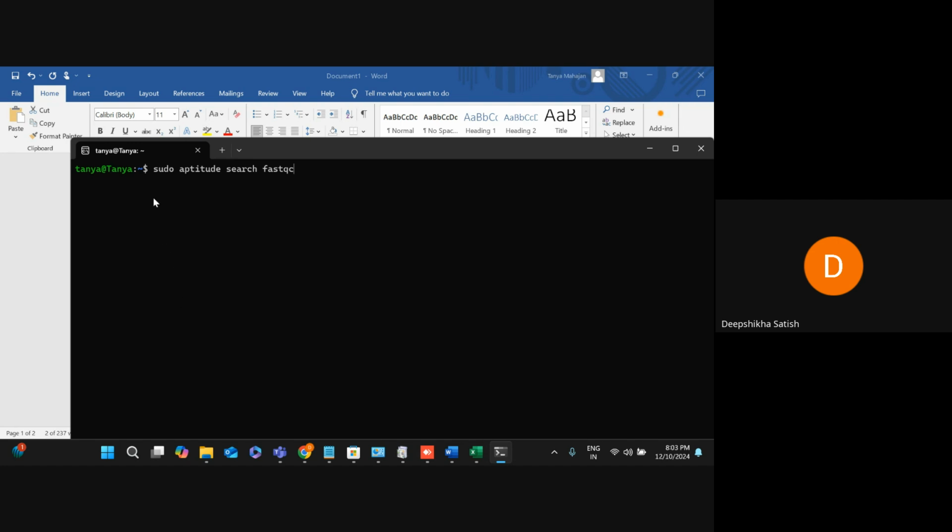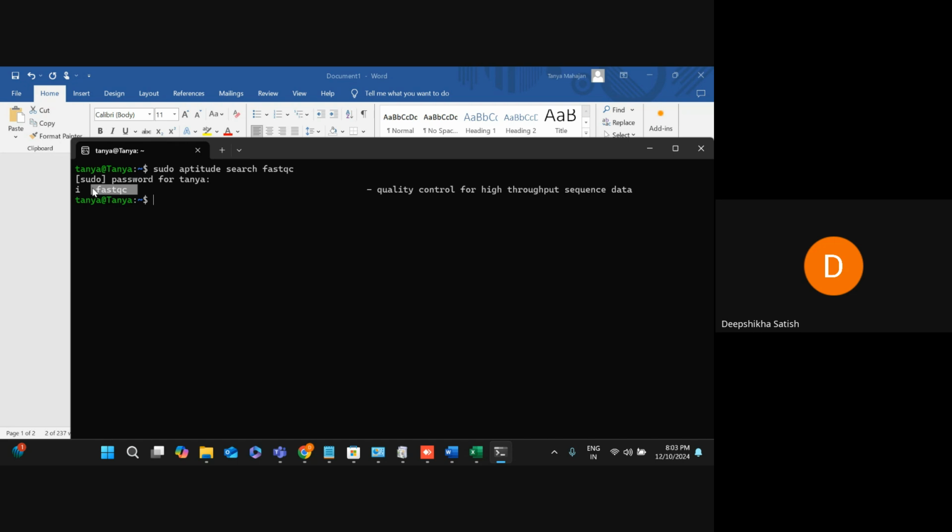So you have to type here sudo aptitude search and give your tool name, then enter. Give your password. Then you can see in the Ubuntu storage, the FastQC tool is present.